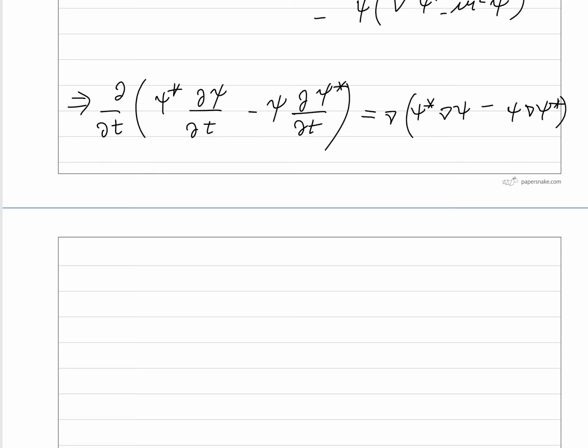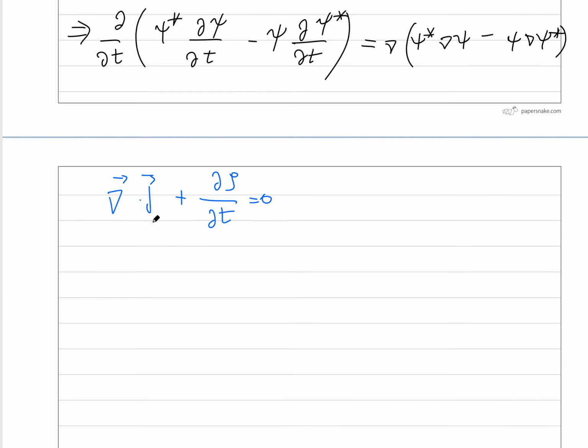Now you have a continuity equation from fluid mechanics or from electromagnetic theory. So you can write it as a continuity equation, where J is the current and rho is the probability density.